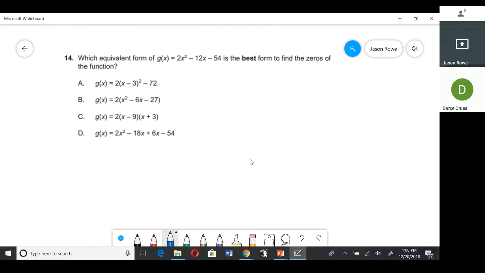Which equivalent form of g of x equals 2x squared minus 12x minus 54 is the best form to find the zeros of the function? I think C. C is the only one that's factored. Right. So if you talk about zeros, this was the lesson on quadratic equations with the graph.